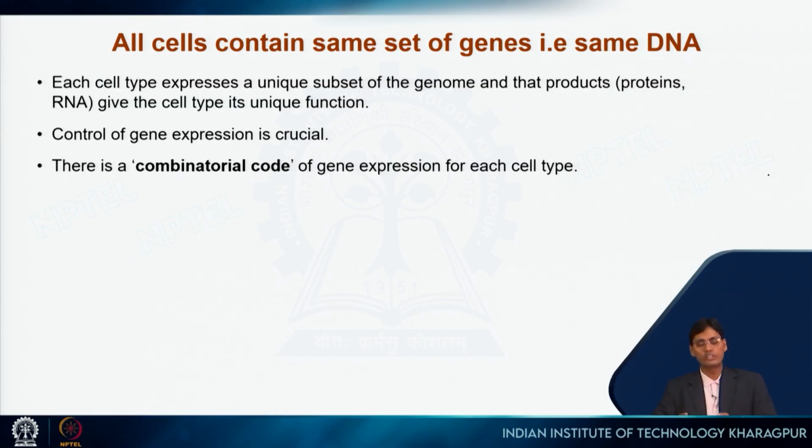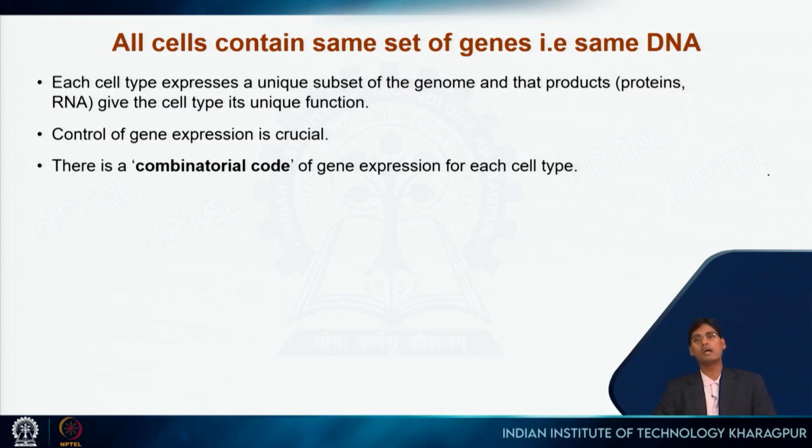And because of that, the control of gene expression is very, very important, because although we have the same information in every cell, how those genes are getting expressed is very crucial for this different type of cell fate. And there is a combinatorial code of gene expression for each cell type.